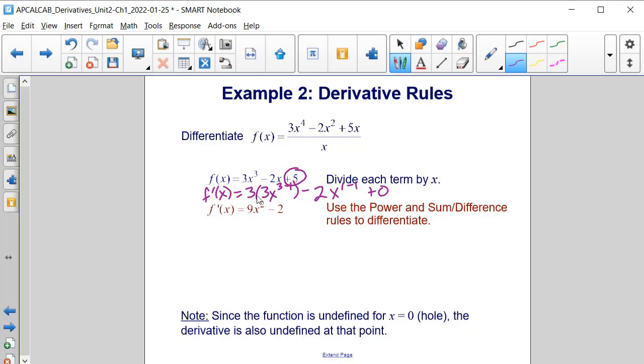And then if we simplify this, we will get 9x squared minus 2, because 1 minus 1 is 0 and x raised to the 0 power is 1.